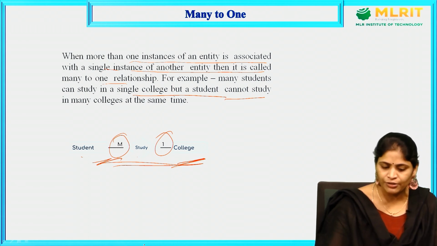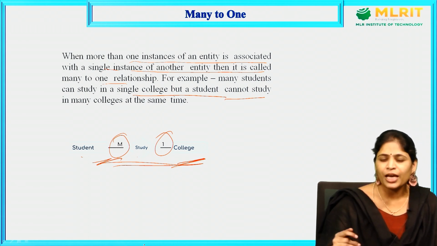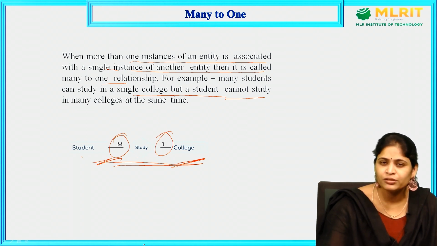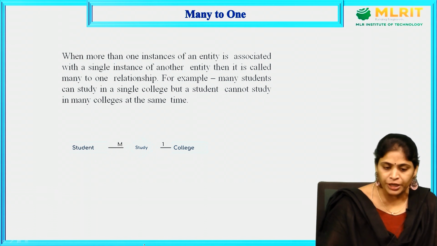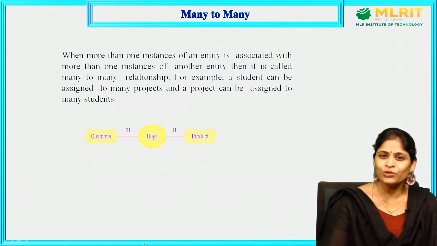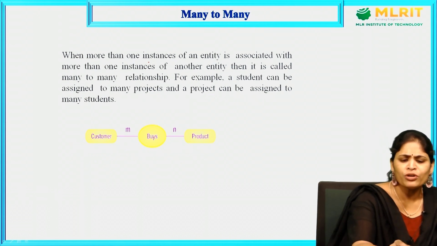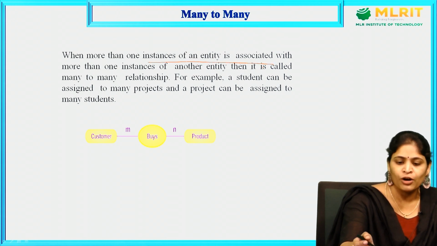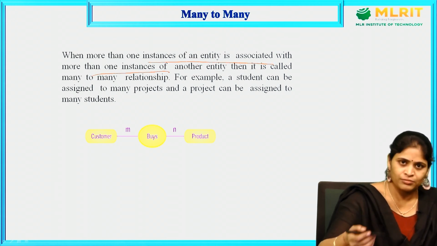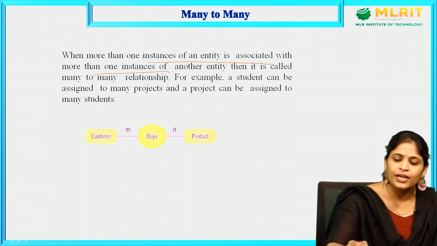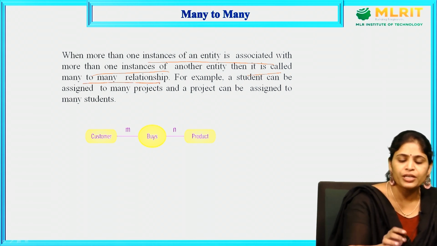So till now we have discussed three types of relationships: one-to-one, one-to-many, many-to-one, and the last one is many-to-many relationship. When more than one instance of an entity is associated with more than one instance of another entity, then it is called a many-to-many relationship.